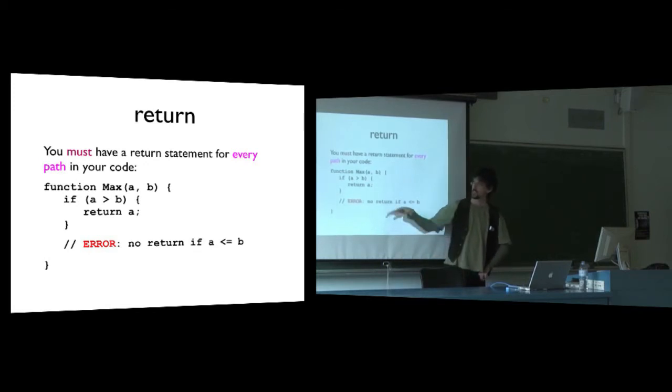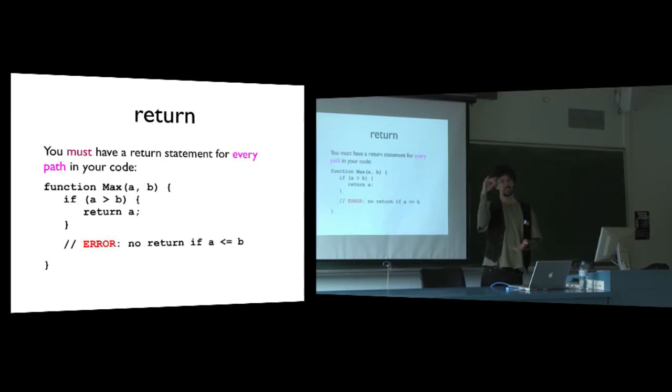Usually code only has one return statement at the end, and might have some premature returns earlier in your code. So you might say, if this, then return, otherwise, if this, then return, and then the final case, when you get to the end of the method, it'll say return something.